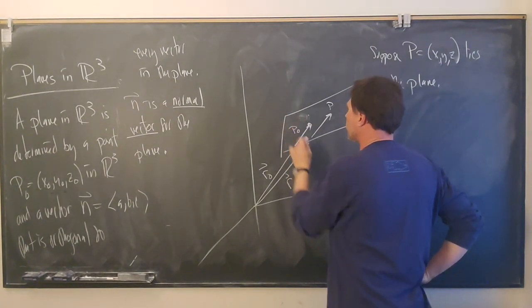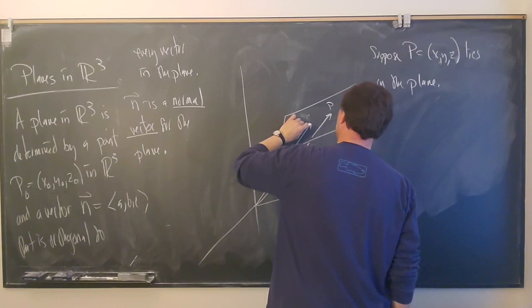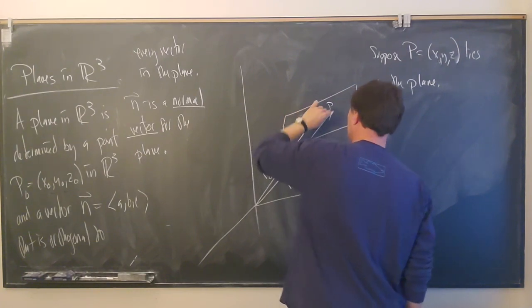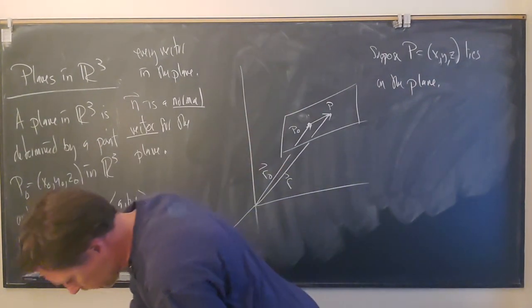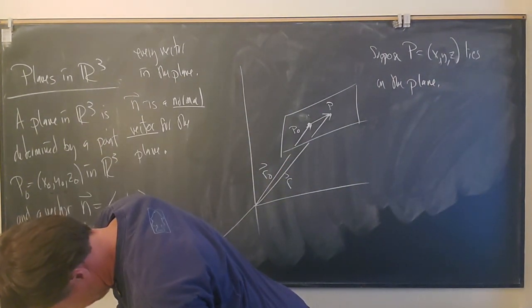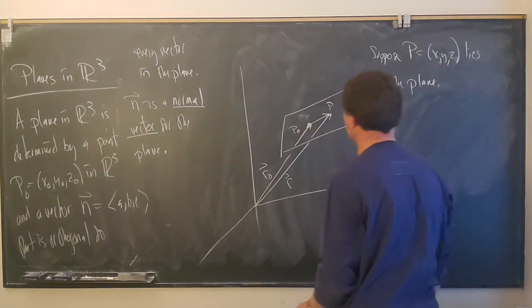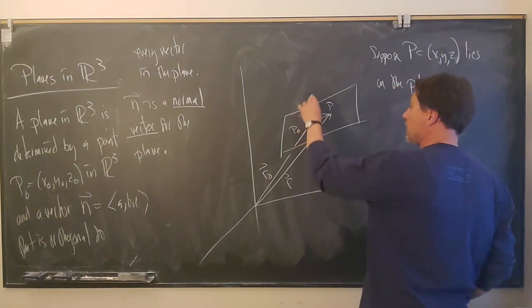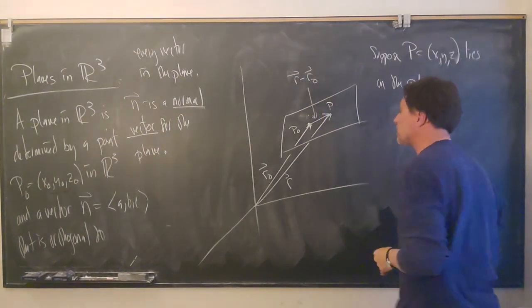Move my P0 over to there. Now, now what? This vector right here is R minus R0.